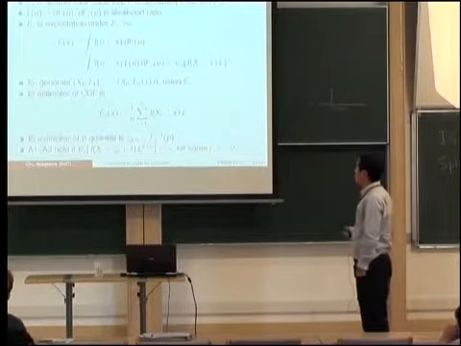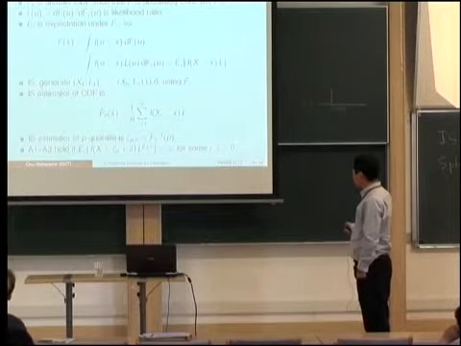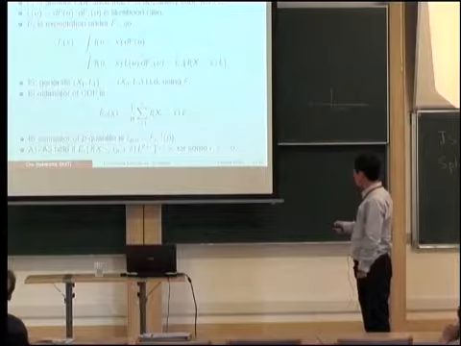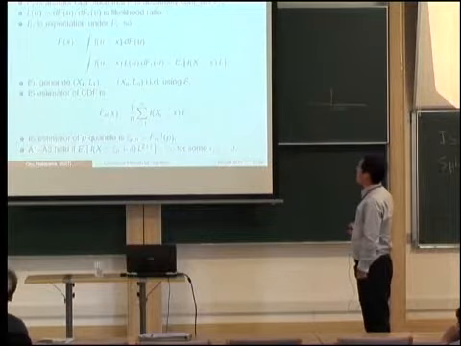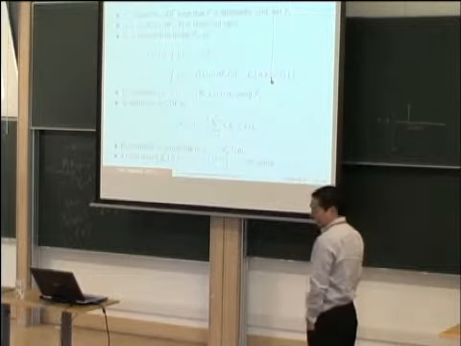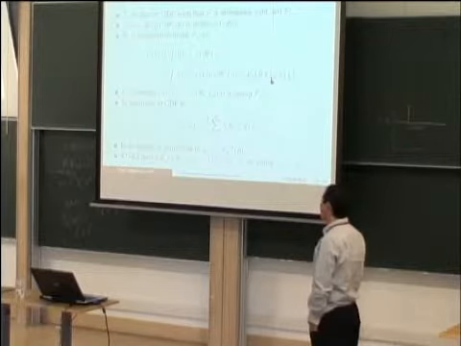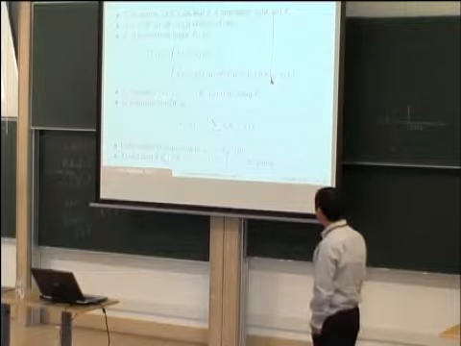So this suggests how we can estimate the CDF using this representation. Why don't we generate samples of x from F star, compute the indicator function, and then multiply it by the likelihood ratio. So here, as the other speakers have shown, is our estimated CDF when we're using importance sampling.